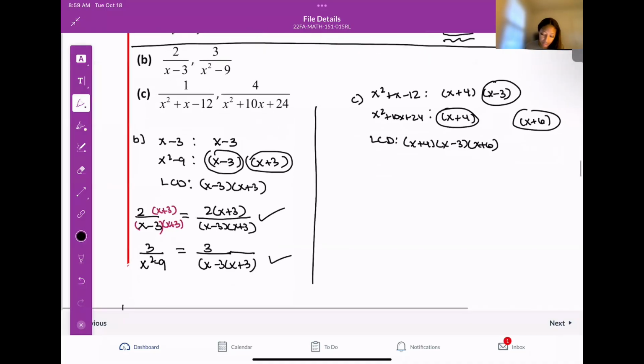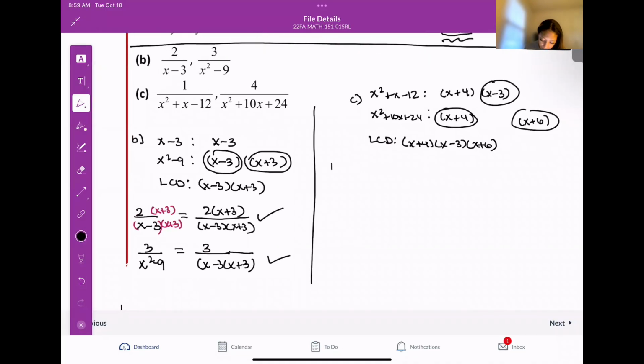Now the fun part. How can we take our original expressions, 1 over x squared plus x minus 12, which is 1 over (x plus 4) times (x minus 3). We want to write this with our new common denominator. Okay, same for the other one. We're going to take 1 over x squared plus 10x plus 24.